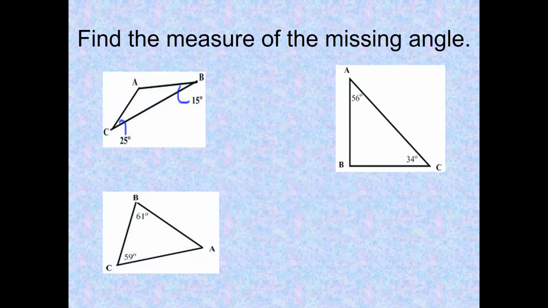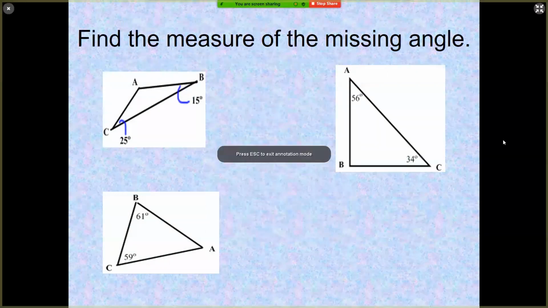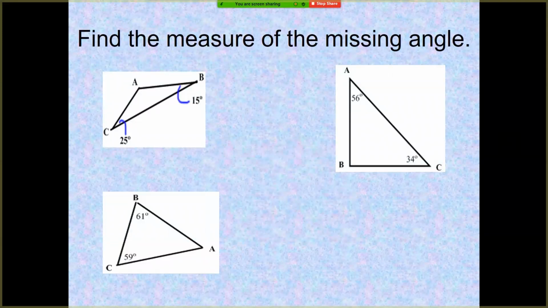On this slide, we're being asked to find the measure of the missing angle. So I'm going to start on the question on the top left. We were given that angle B is 15, angle C is 25, and we know that angle A plus angle B plus angle C has to equal 180. I don't know angle A, but I do know that angle B is 15, and I also know that angle C is 25.